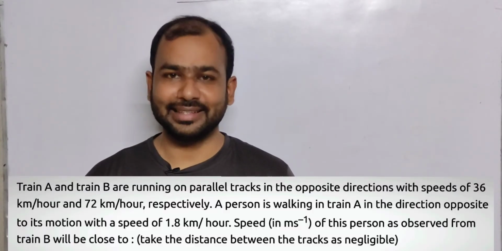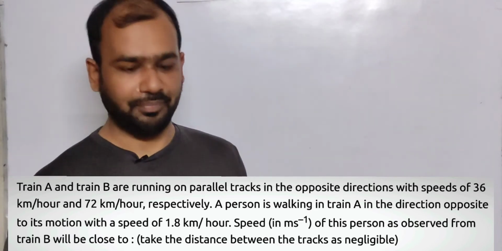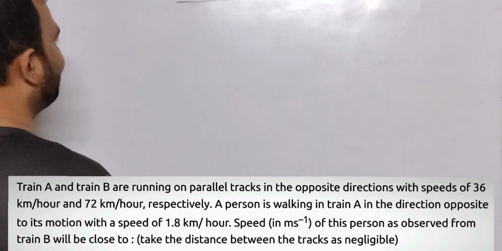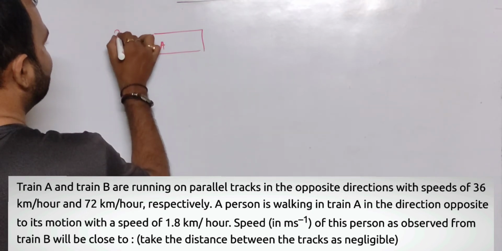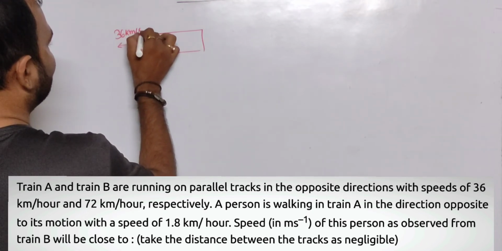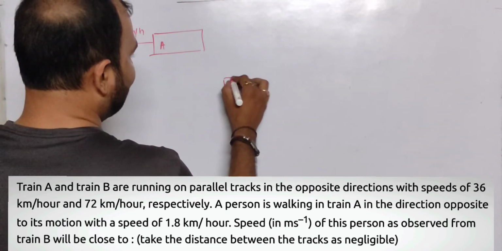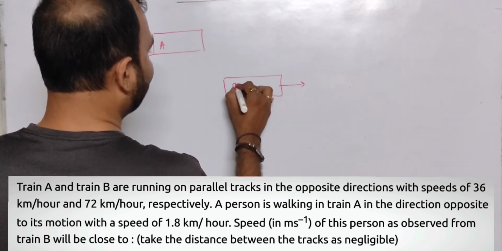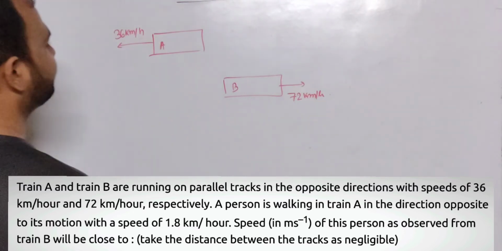This question is about two trains moving in opposite directions. Train A is moving with 36 km per hour and train B is moving with 72 km per hour.